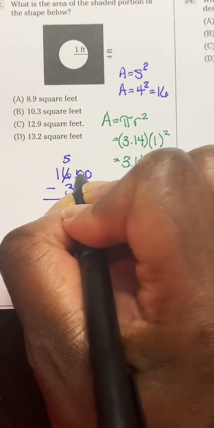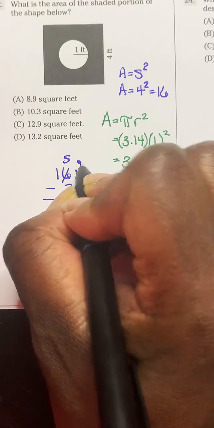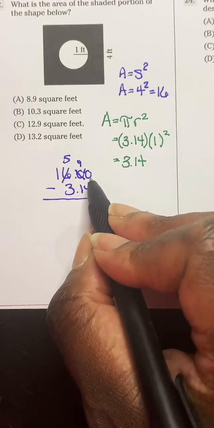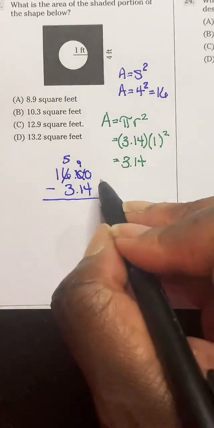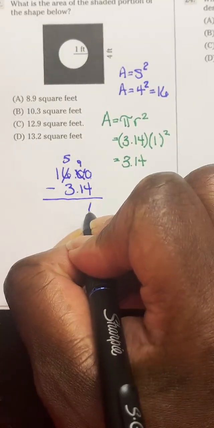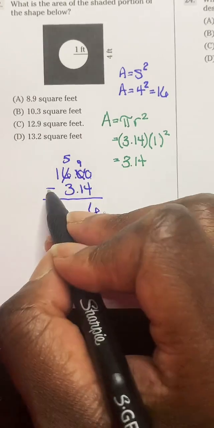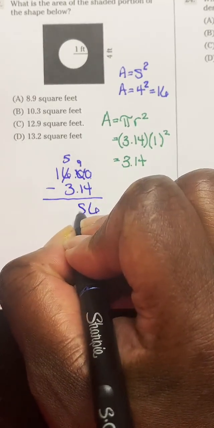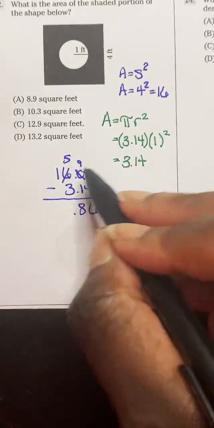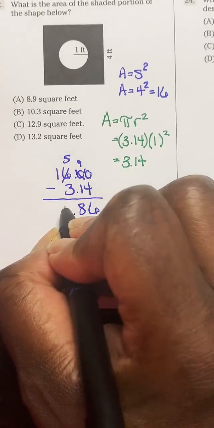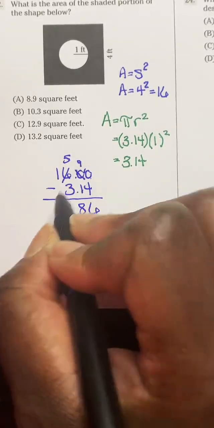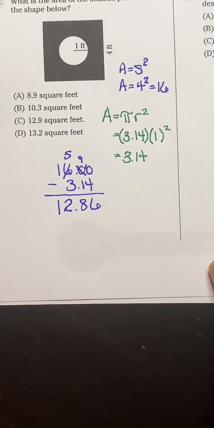I'm going to make this a 10, but borrow from there to make it into a 9, and make that 0 into a 10. So 10 minus 4 gives me 6. 9 minus 1 gives me 8. 5 minus 3 gives me 2. And then I bring down my 1.